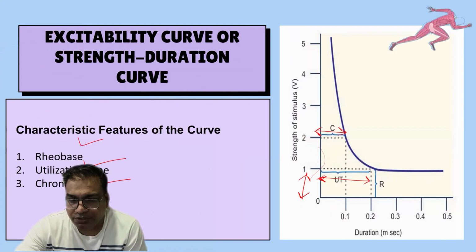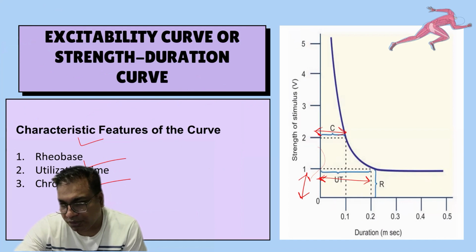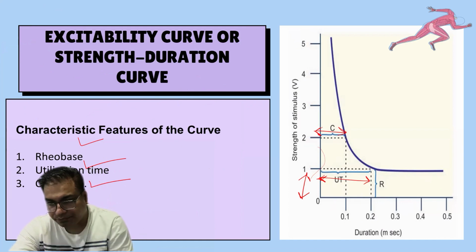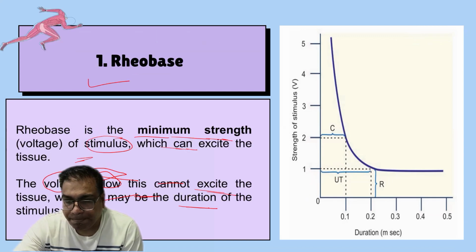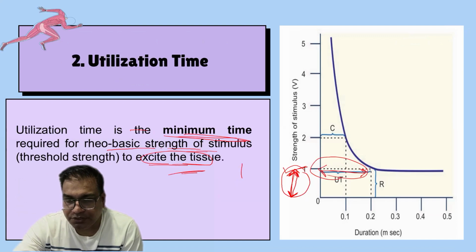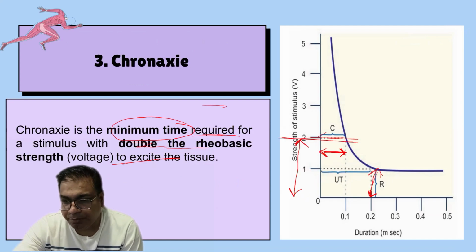Various characteristic features are rheobase, which is the minimum strength of stimulus; utilization time, the minimum duration of time when the cell could be excited by the stimulus; and chronaxie, the minimum time where double the strength of rheobase is applied.